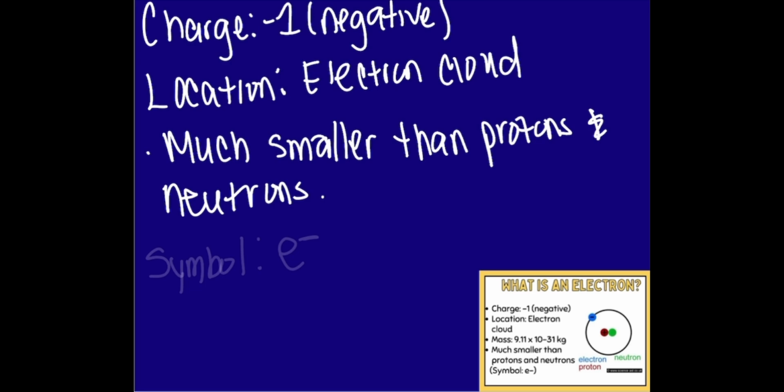And our symbol for an electron is E negative. I'll give you some time to write that down.